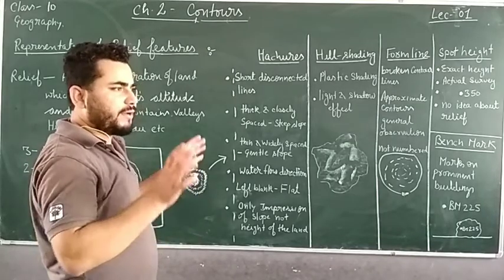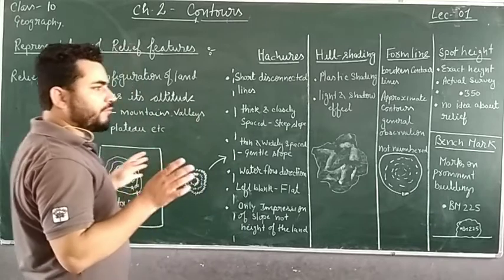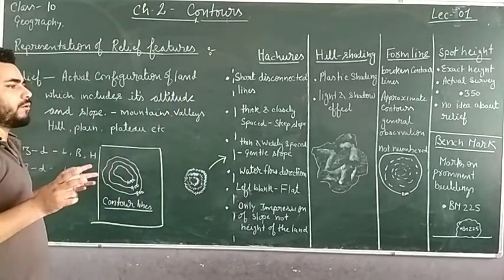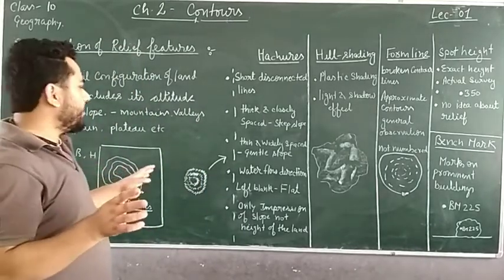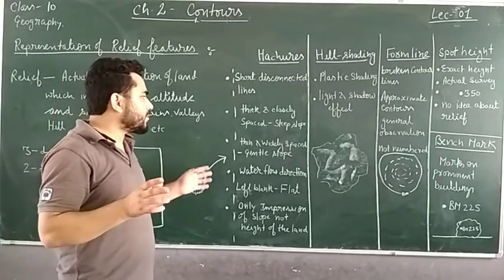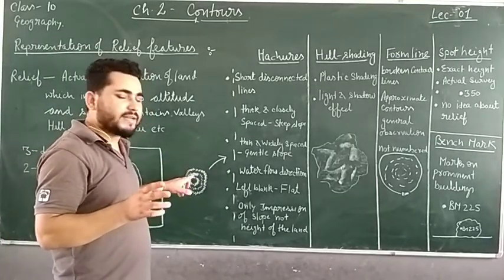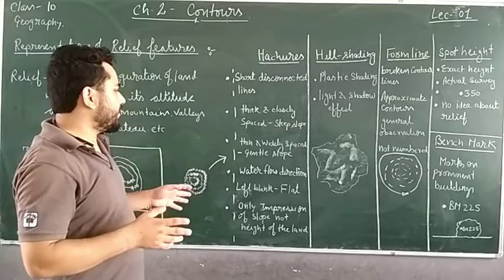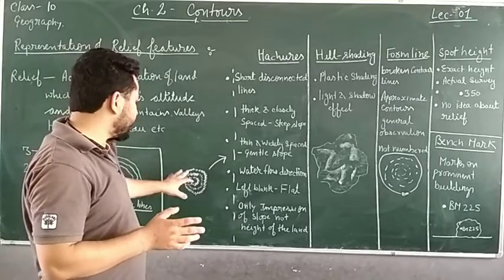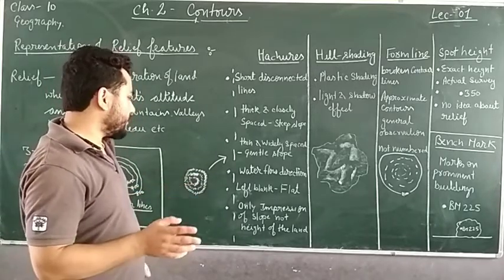If that particular relief feature, either a mountain or anything, has a very steep slope, then we place these lines very close to each other. If it has a gentle slope, then we place these lines wide away from each other.